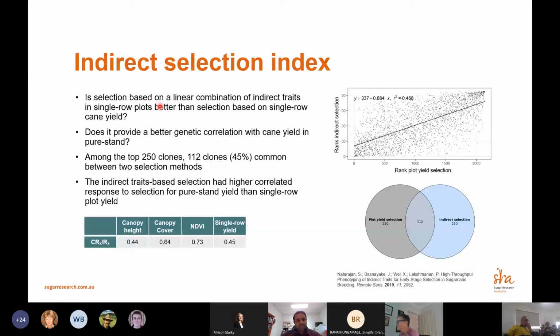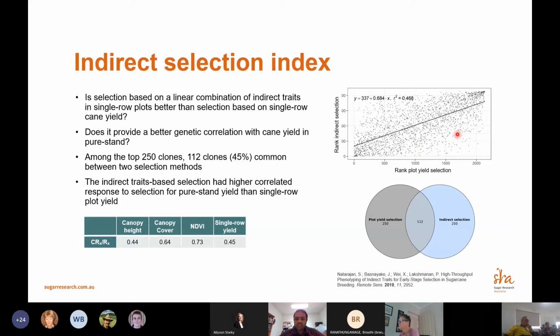So the question is, does indirect trait-based selection in single row plots provide a better selection than single row cane yield? And does that improve the genetic correlation between CAT and FAT? That's what we tested. We developed two different selection indices, one based on plot yield selection, the other based on indirect traits-based selection, and we looked at the correlations of the ranking of the clones using these two approaches.